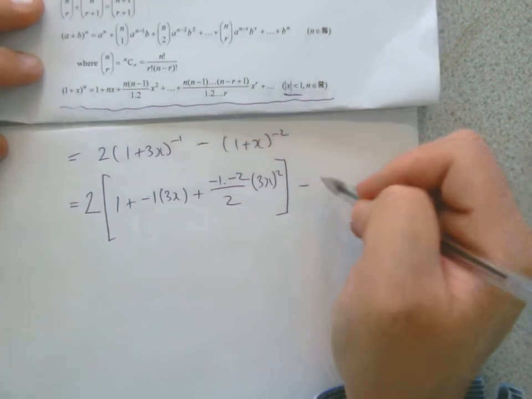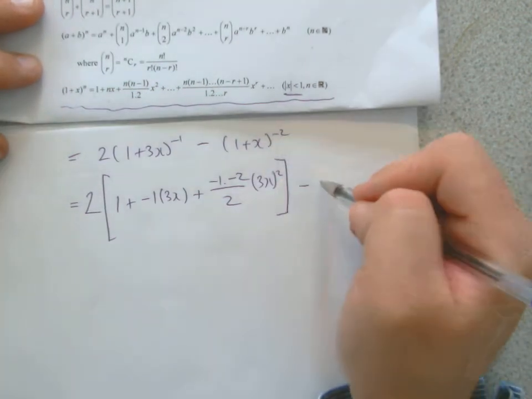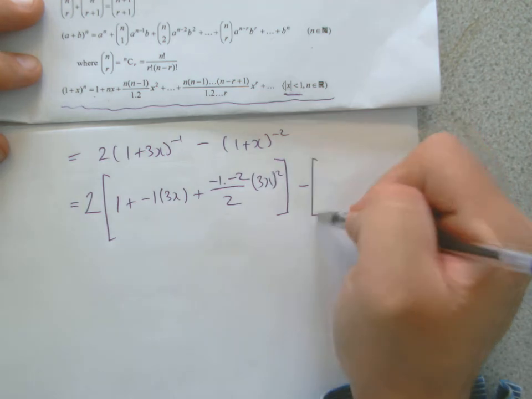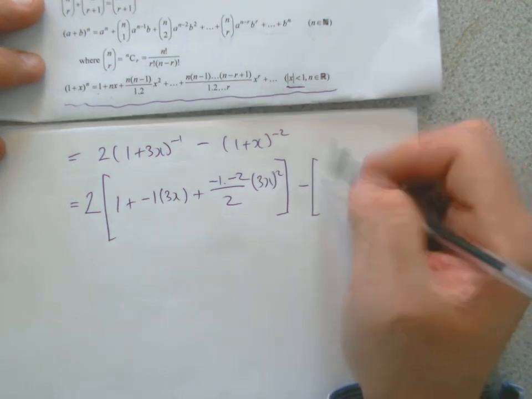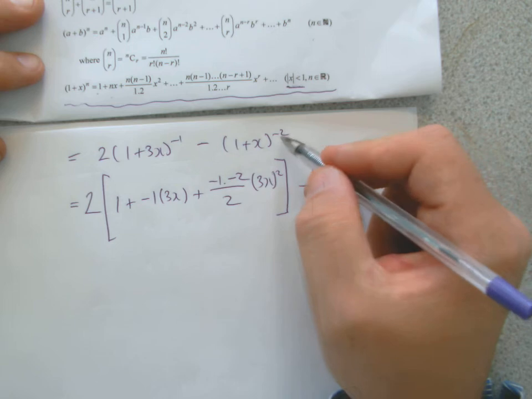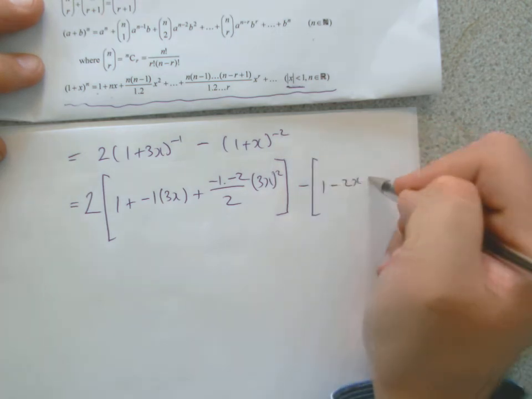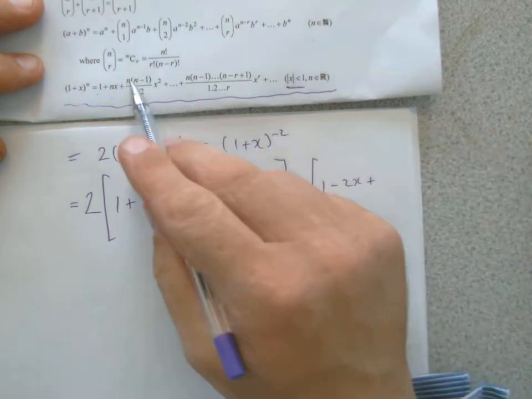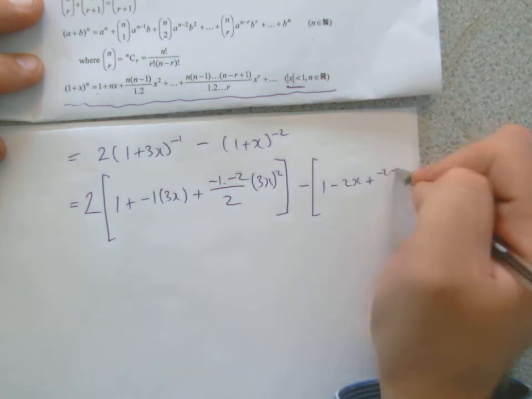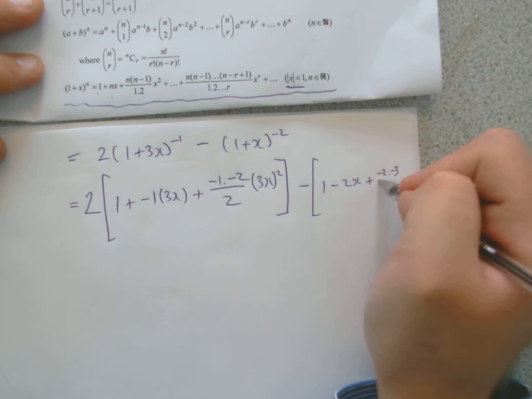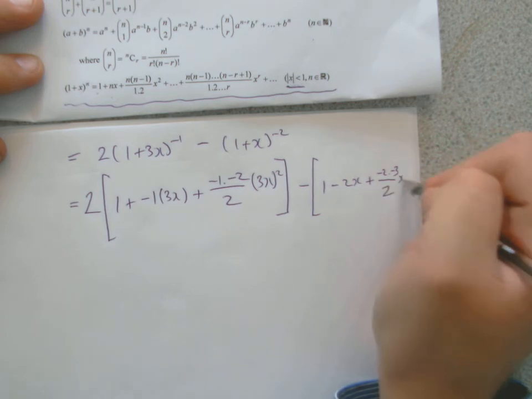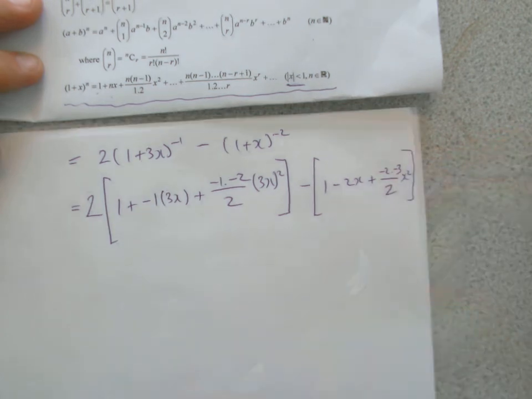Take away then the expansion of 1 plus x to the power minus 2. So you've got 1, and minus 2 is the power, so minus 2x, and then minus 2 times minus 3, because n minus 1 is minus 3, over 1 times 2, which is 2x squared.